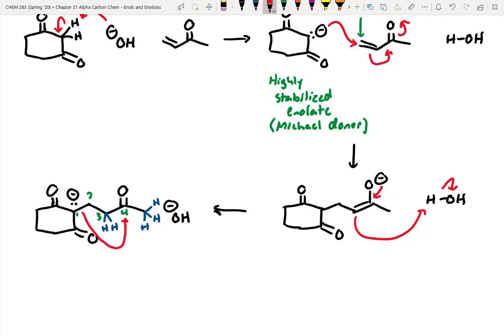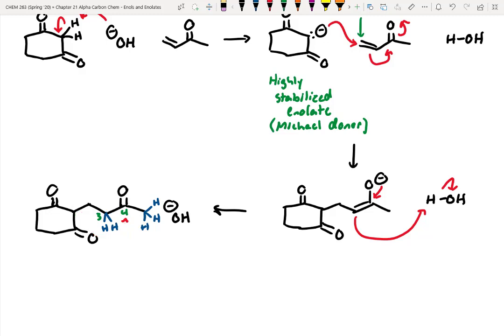Theoretically, this could attack in right there, but if we were to do that, we'd form a four-membered ring, which is just not very likely. That has too much ring strain associated with it. It's a lot harder to make a molecule with 90-degree bond angles when it prefers to be 109.5. So while we could deprotonate there, it doesn't get us to that six-membered ring that we are clearly observing as our product. So it's probably unlikely that we're going to go after that alpha proton.